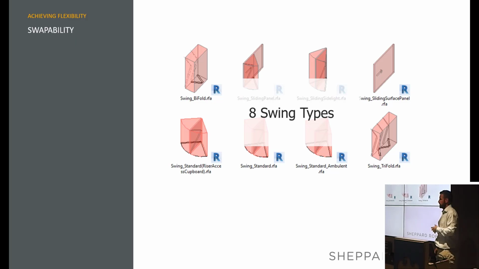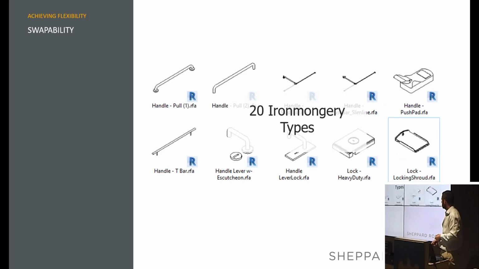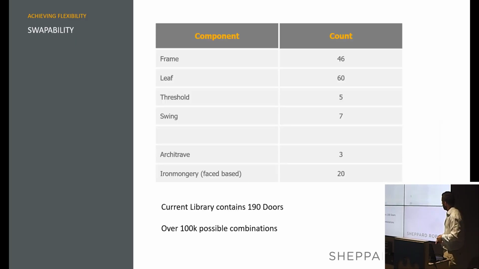The more sensible option is to use something like Celebri and use the clearance opening distances in front of openings functionality. Ironmongery as well, 20 different types. So when you put all this together, you've got well over 100,000 permutations that you could possibly use, or different families that you could build.